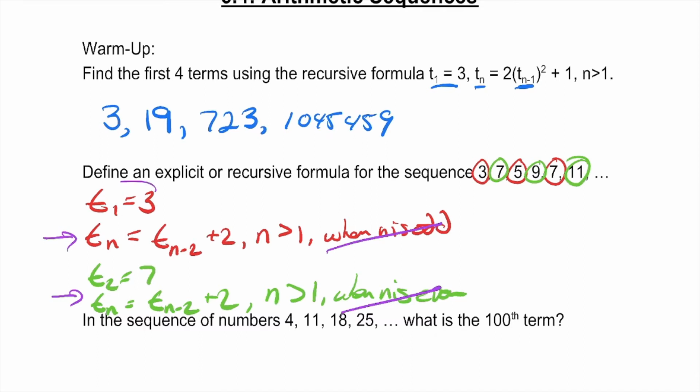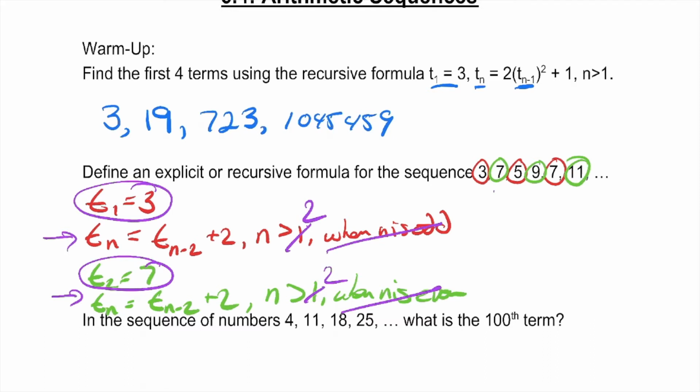We still need our initial conditions: t of 1 is 3 and t of 2 is 7. In fact, in this case, it's not talking about when n is greater than 1, but really when n is greater than 2. So there's our general recursive formula between the two, with start initial conditions of t of 1 and t of 2.